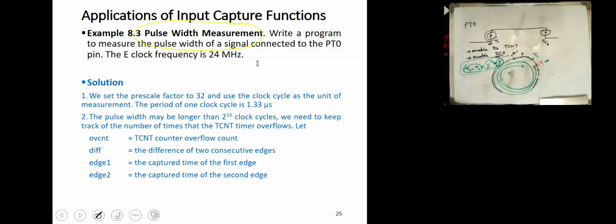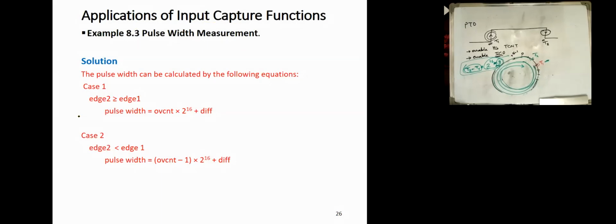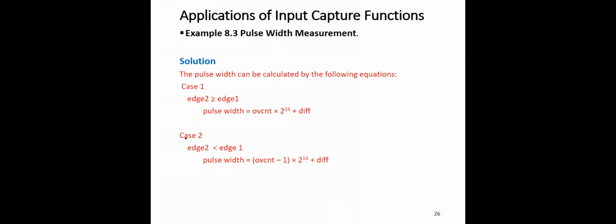That's why if you go to the next slide, here we have two cases in order to do the calculation. Case one, when the time of edge 2 is greater than the time of edge 1. And the second case, when edge 2 is less than edge 1.